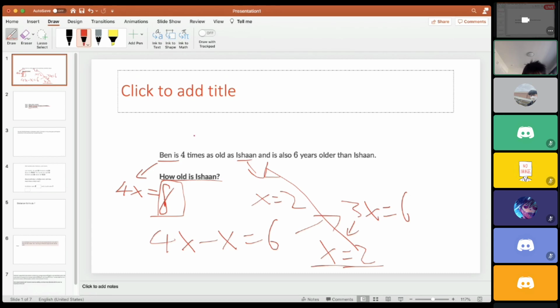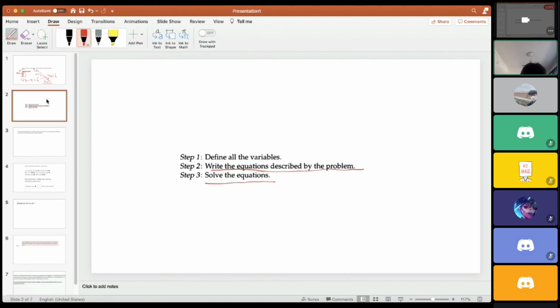All right, so with these steps, define all the variables, write the equations described by the problem. I'm pretty sure I was checking the homework that was assigned by Alex last session. It kind of incorporates some of those word problems, so I think you guys are already kind of familiar with that.